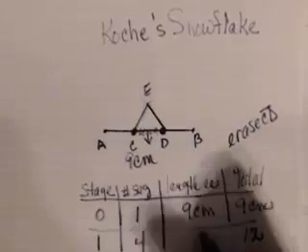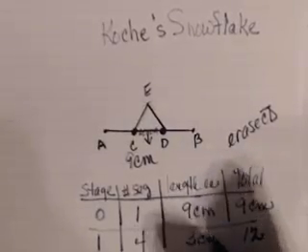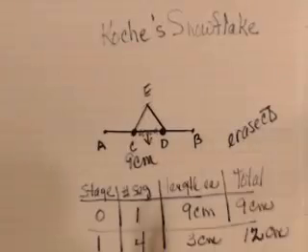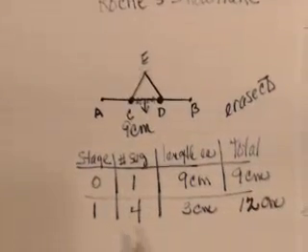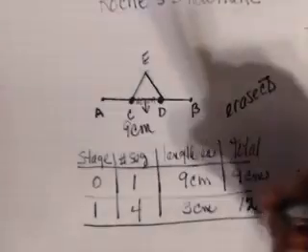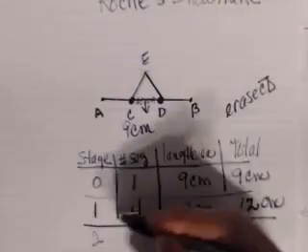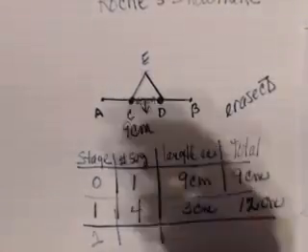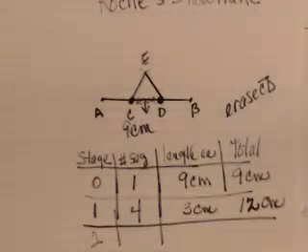And the length of each one is 3 centimeters. Now I'm going to help you begin with stage 2, and then I'm going to have you do stage 3 by yourself and then look for a pattern.